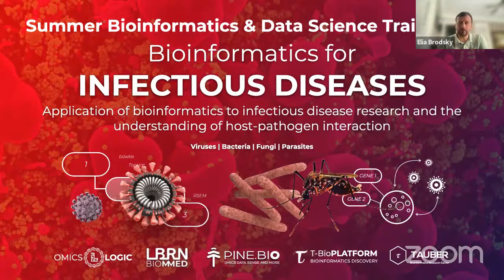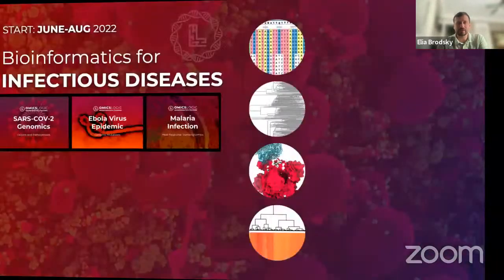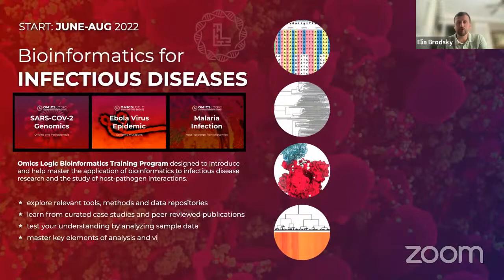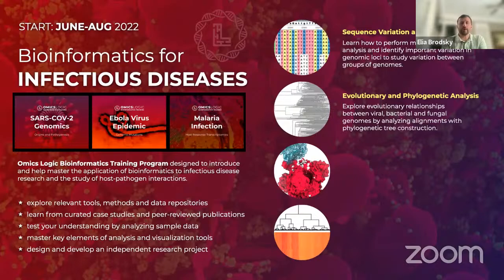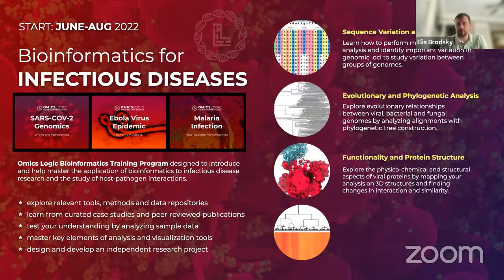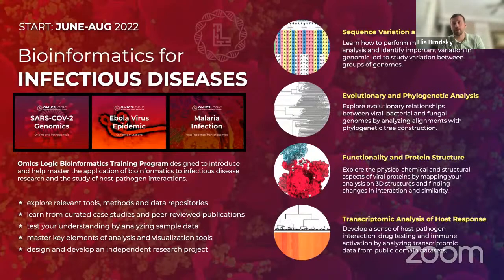So in the context of bioinformatics for infectious diseases, we will look at a few different specific methods. First of all, we will look at sequence variation and alignment, how we can use alignment to each other to understand differences of genomic sequences between themselves, or how we organize them into groups using evolutionary and phylogenetic analysis.